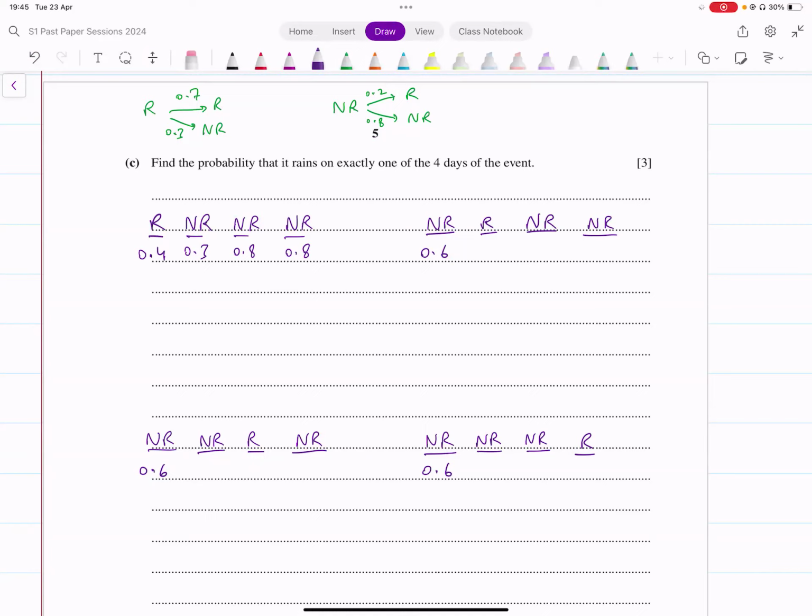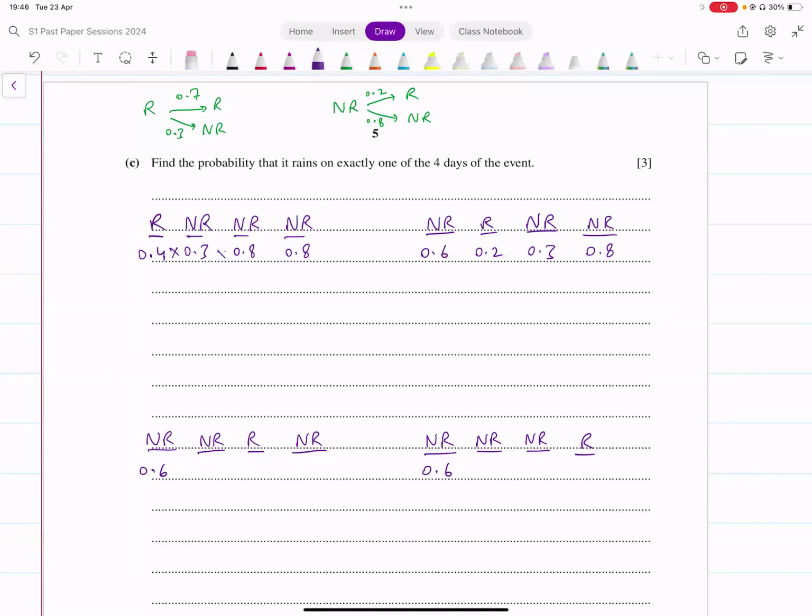That will be this one, 0.2, right? And then what's the probability of not raining given that it rained the previous day? That's this, 0.3. And then given that it did not rain the previous day, what about the next one? This will be 0.8 from here again. That's the second case, okay?